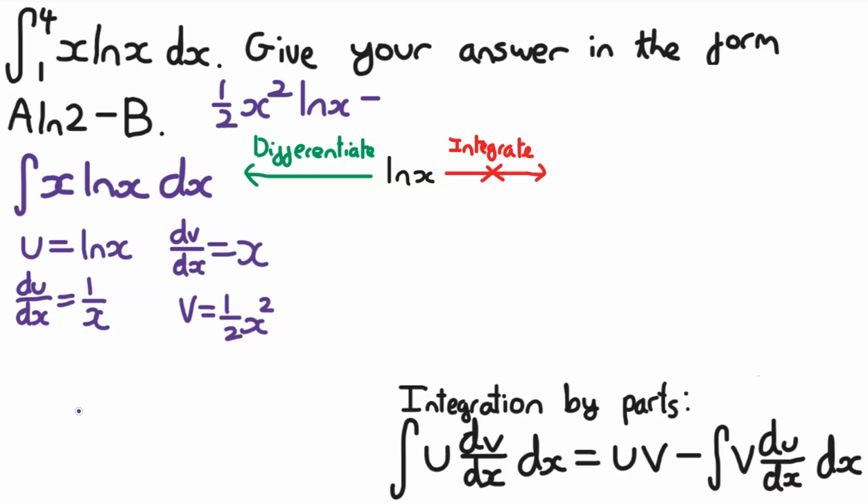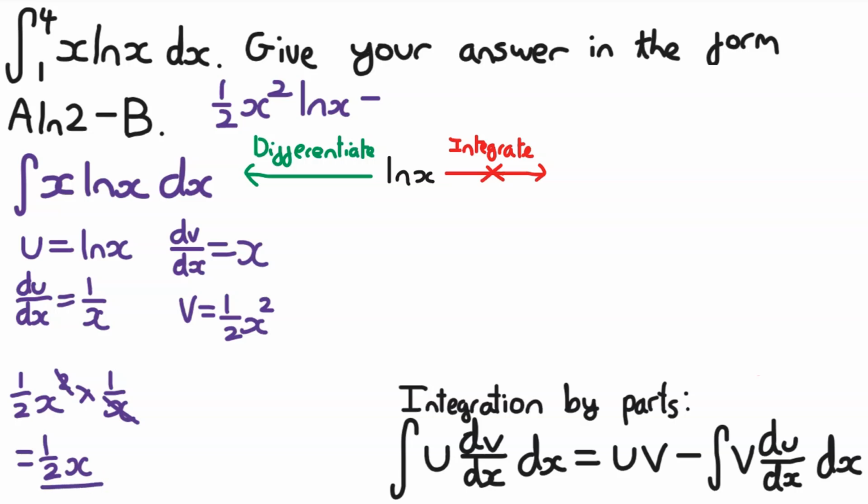So v du over dx is half x squared multiplied by 1 over x, and then we can simplify this because this x here will cancel out with one of the x's here and just leave us with half x like this here.